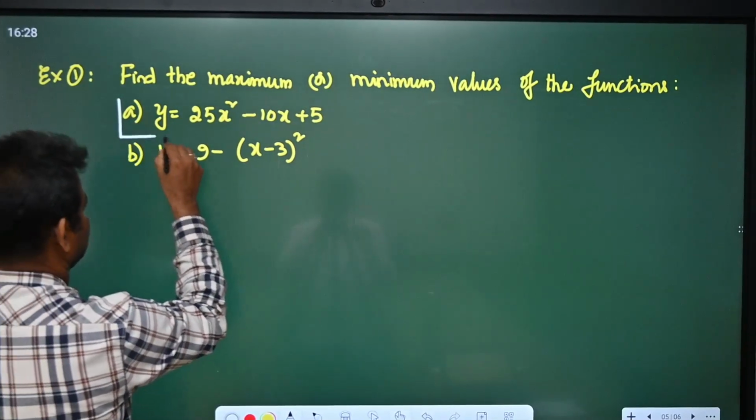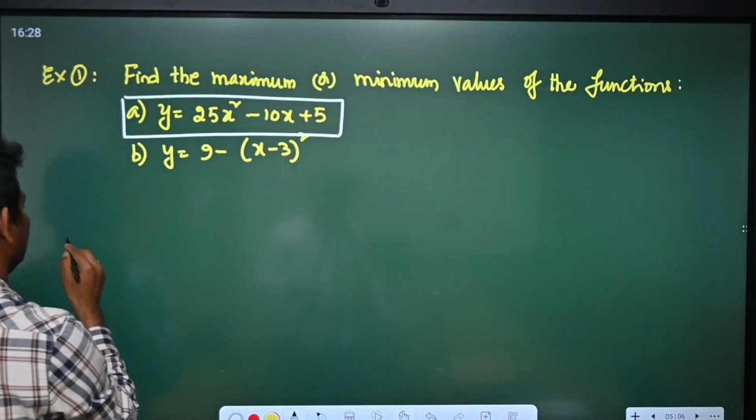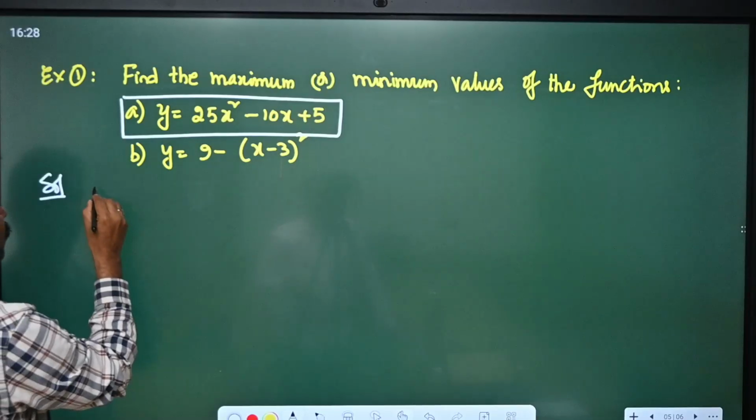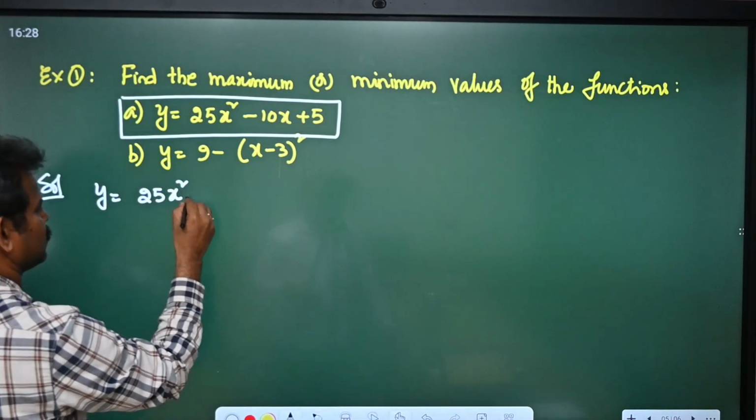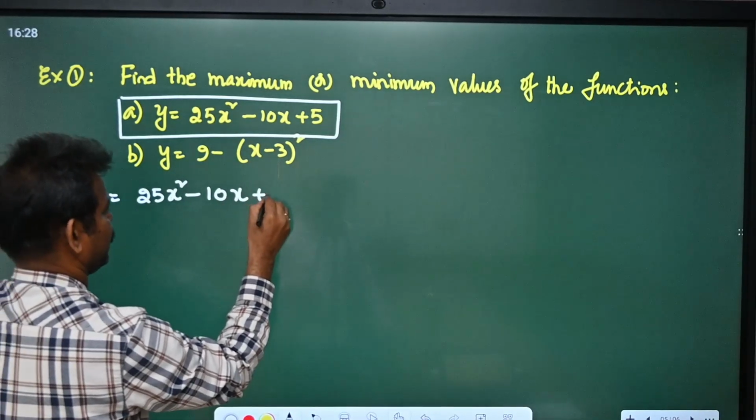First we will take the first equation. Y is equal to 25x square minus 10x plus 5.